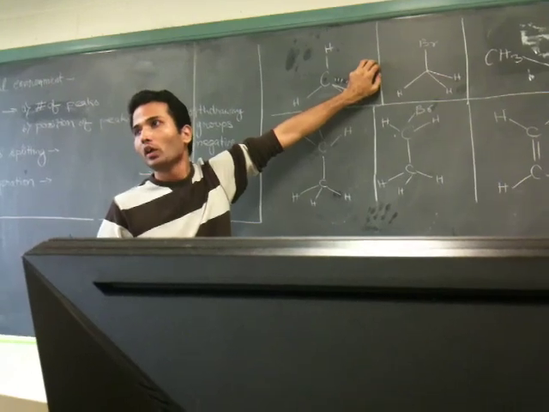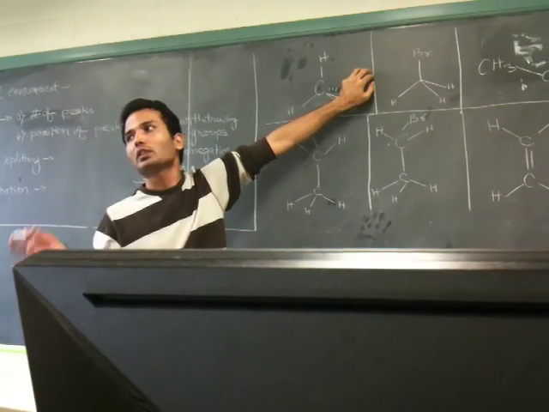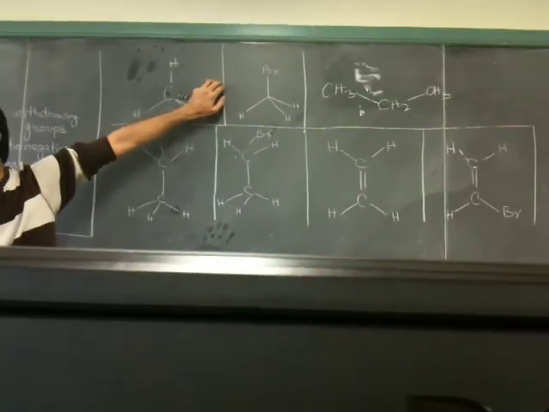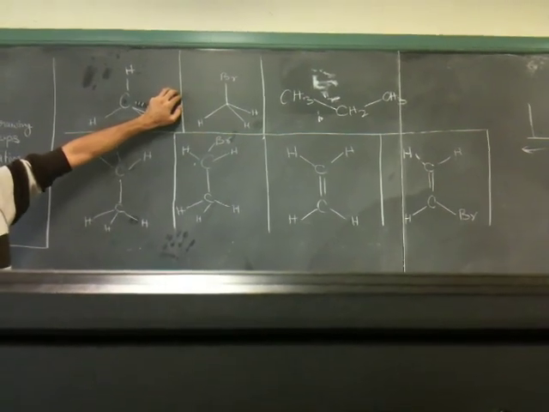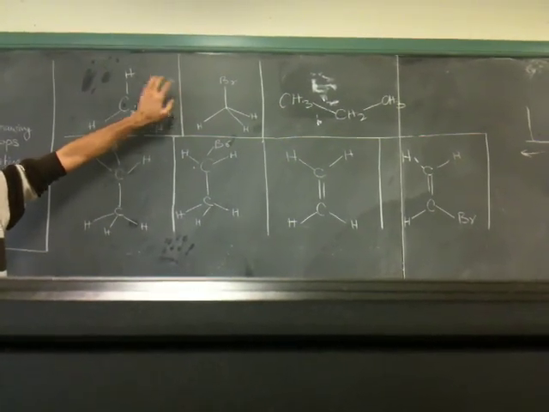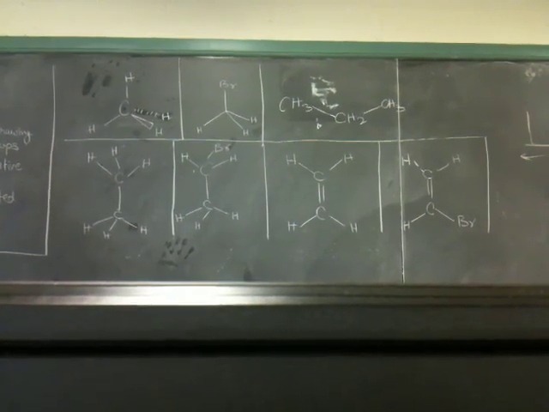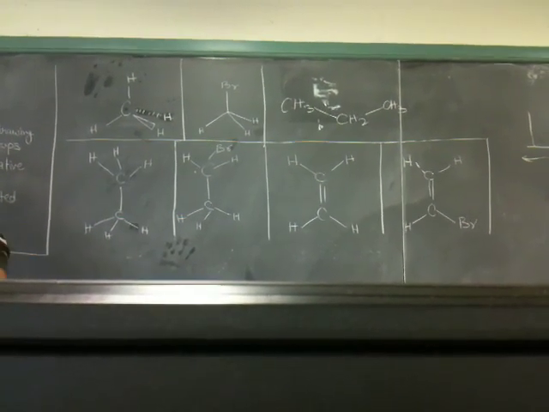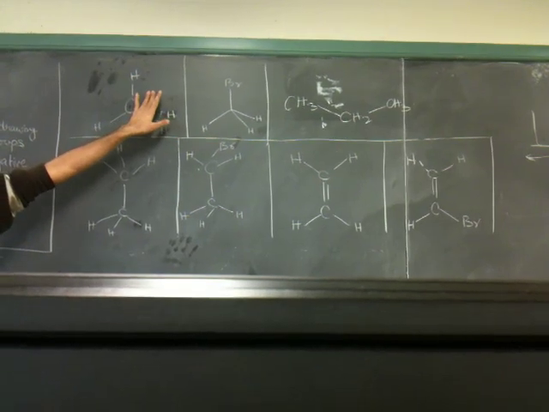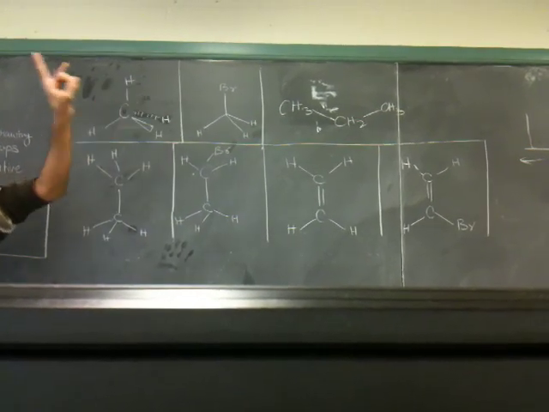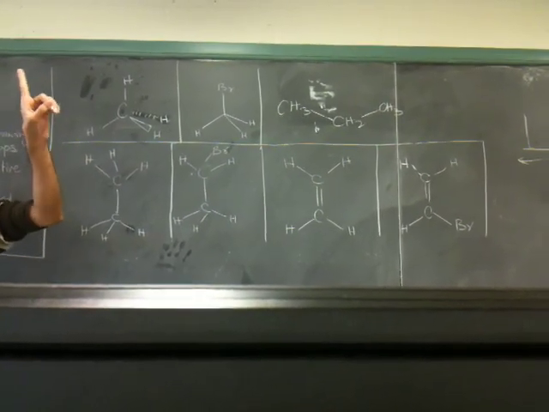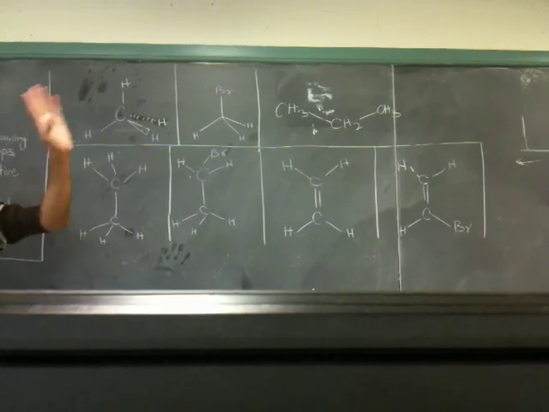So all of them will be feeling the same sort of electrostatic force. It means all these make one set of protons. So if you see a spectrum of this one, it will be one peak, because one set of protons.